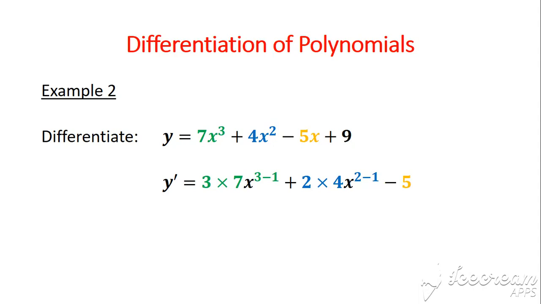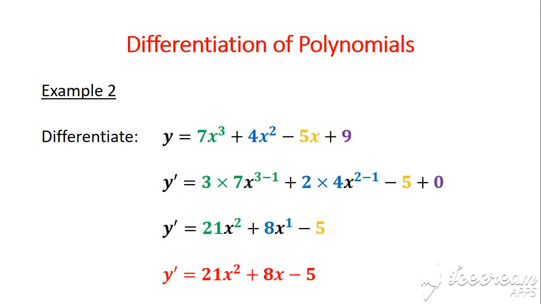The minus 5x will differentiate to minus 5, and the plus 9 will differentiate to 0. So when we tidy this up, we get y dash is equal to 21 times x squared plus 8 times x to the power of 1 minus 5, but we don't need a power of 1, so we'll tidy it up and write it as 21x squared plus 8x minus 5.